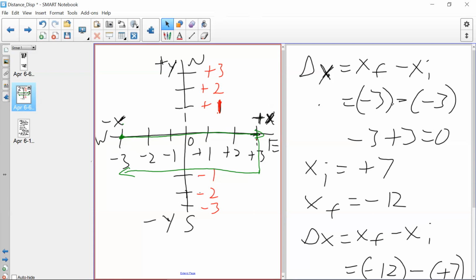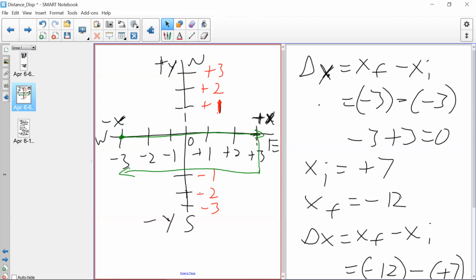And so for another example of displacement, let's say that I start off at +7, and I went to my final position of -12. Well, +7 would be in the eastern domain, and then I travel to the west, -12 units from 0, or I wind up at the position of 12 units to the left of 0, or -12.